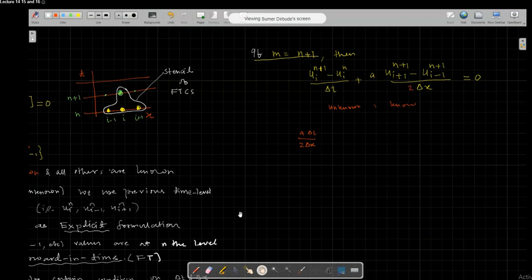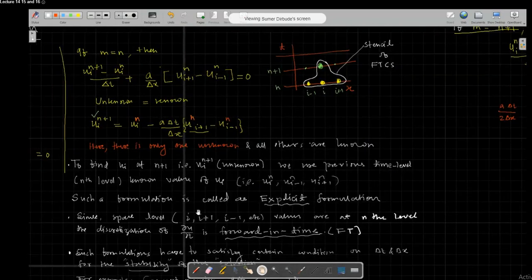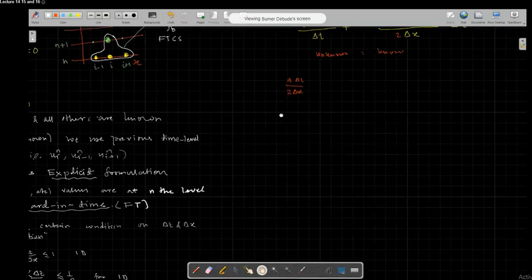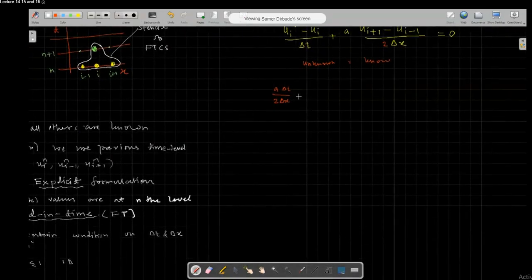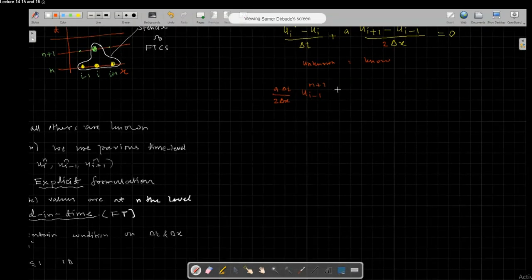I think I have missed something here also, isn't it? So this I'll write as minus a delta t by twice delta x u i minus 1 n plus 1, plus u i n plus 1, plus a delta t by twice delta x u i plus 1 n plus 1.